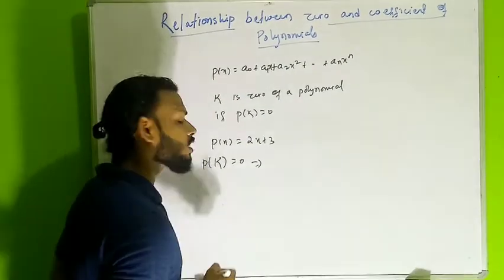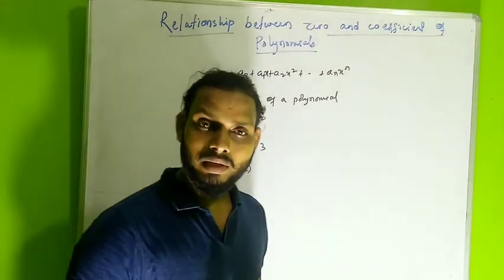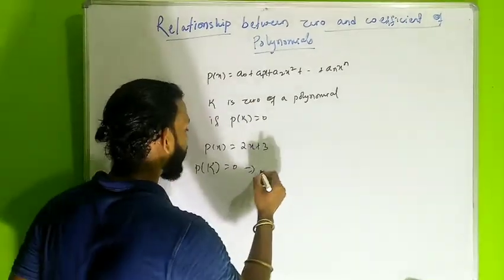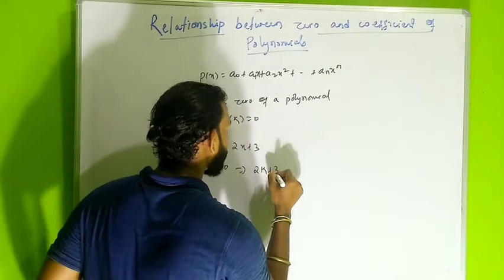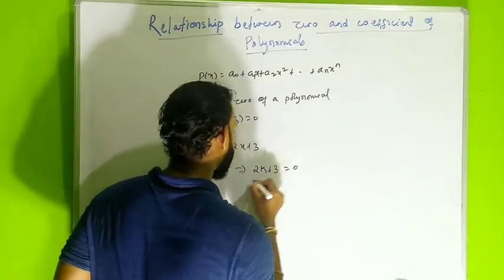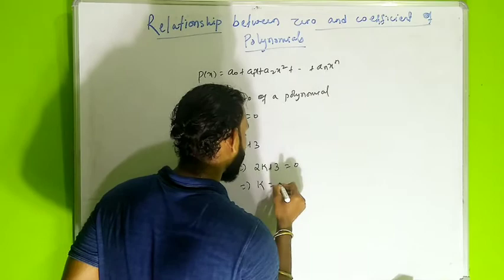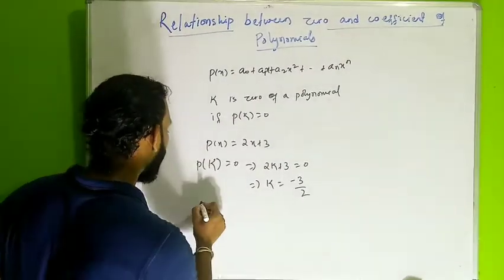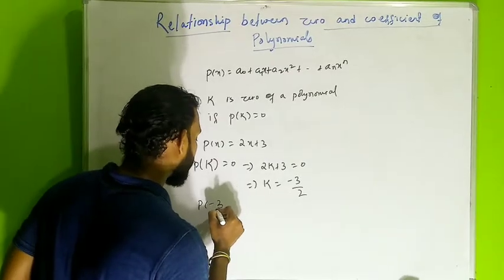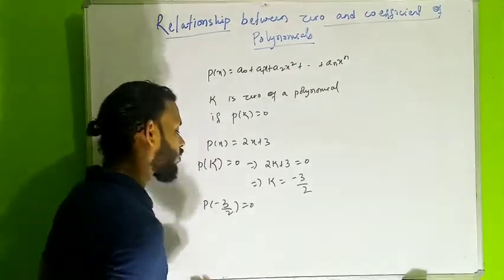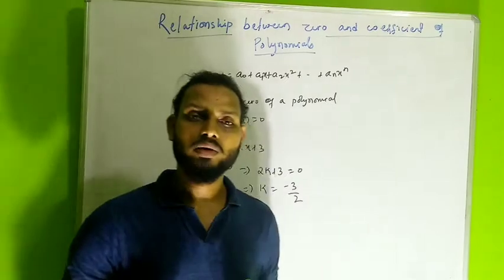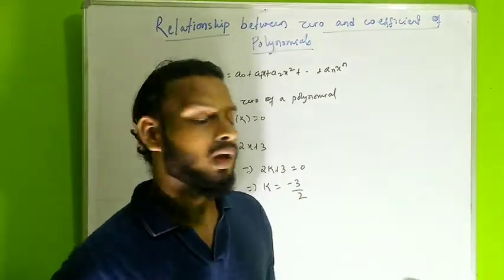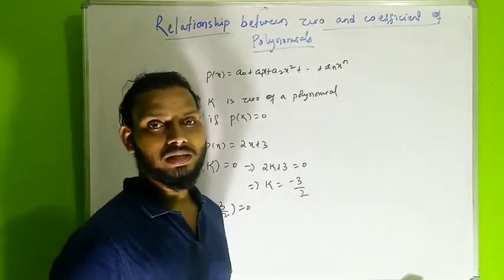If I substitute k in place of x, it will be 2k plus 3. If this is equal to 0, this implies k will be equal to minus 3 by 2. So I can say p of minus 3 by 2 is equal to 0. Hence, minus 3 by 2 is the zero of this polynomial p of x is equal to 2x plus 3.